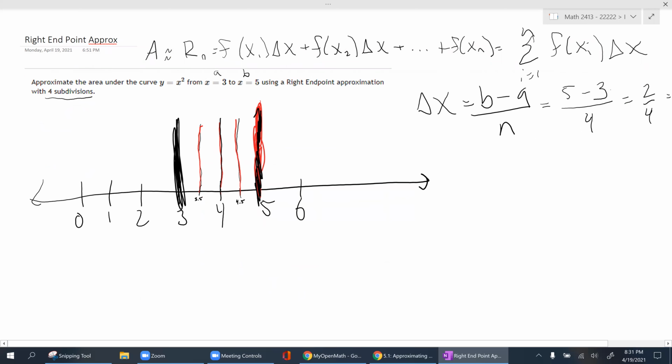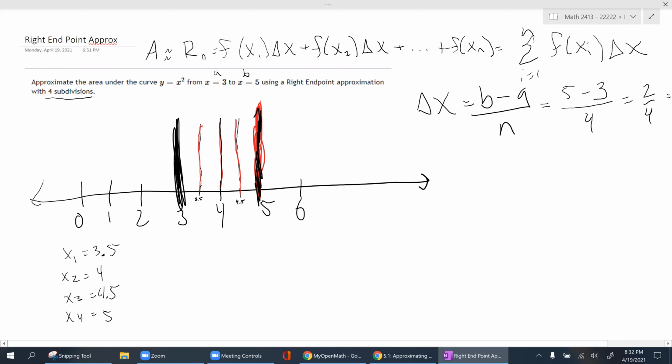Now I'm going to start and plug it into the formula. If you're doing the right endpoints, you're going to start from the very left one that you have, which for ours is 3.5. In other words, my x1 value is going to be 3.5, my x2 value is going to be 4, my x3 value is going to be 4.5, and my x4 value is going to be 5.